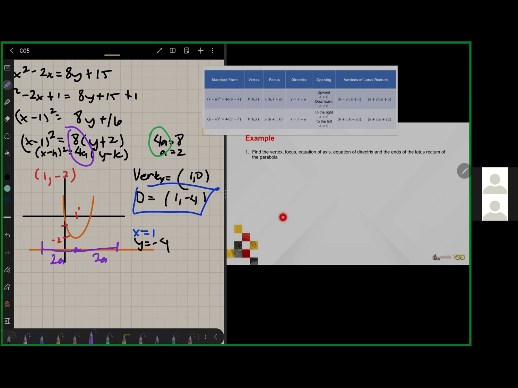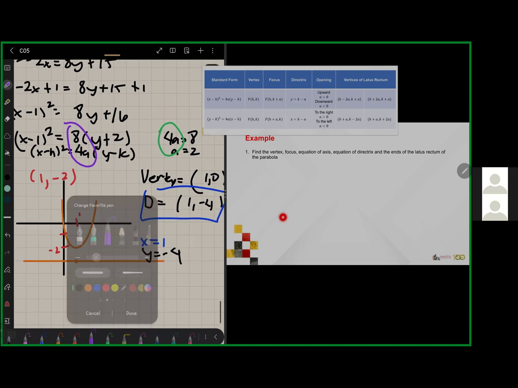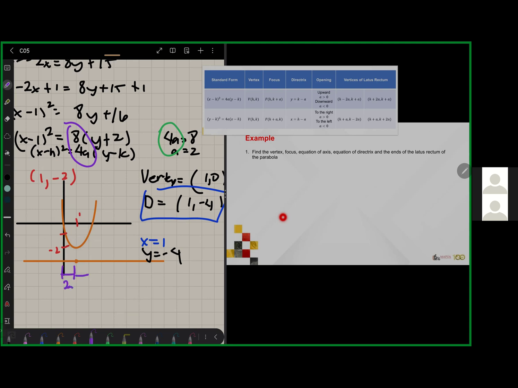If it is measured from this side, it is also still 2a. So if we try to measure it, it should go along our focus.